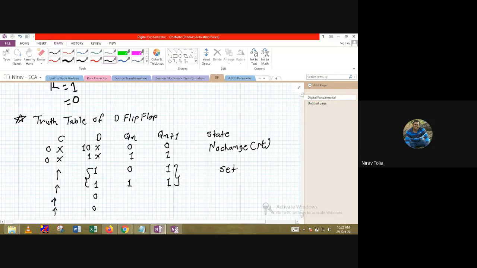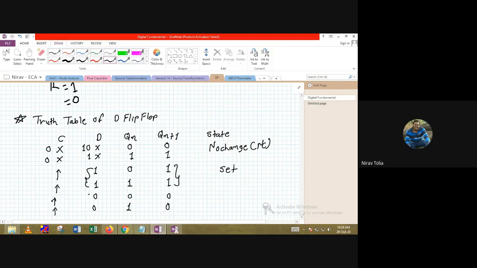Suppose again I am giving the clock pulse, and my D is 0. What is your previous state output? It doesn't matter, either it will be 0 or 1, the output becomes 0.